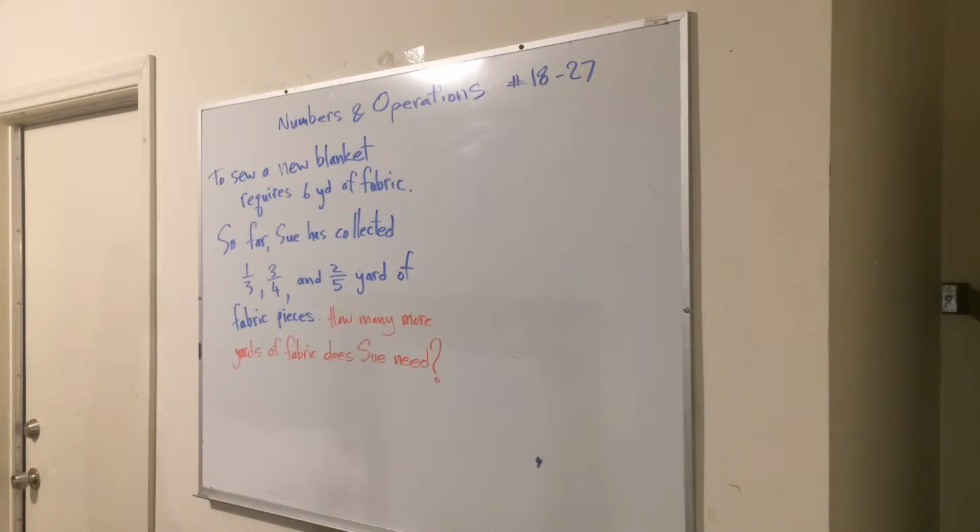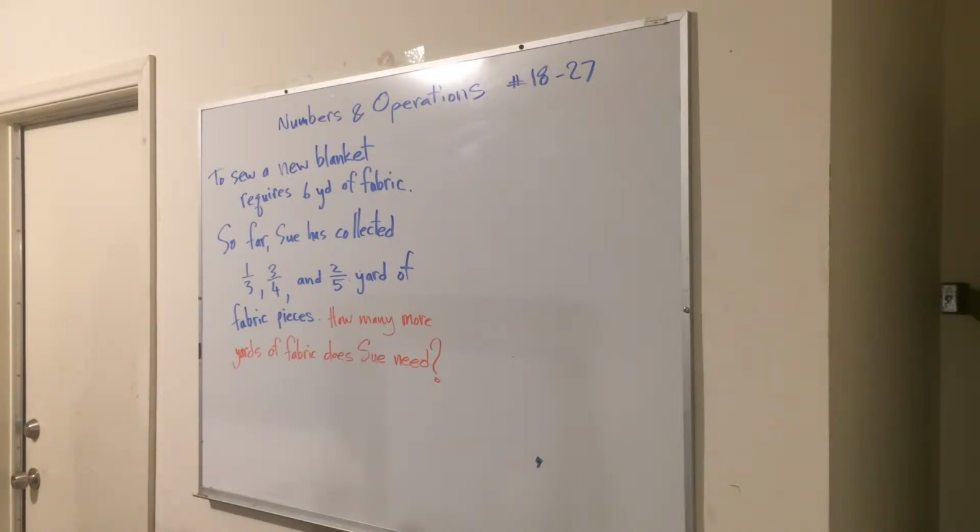Sometimes when you are faced with a word problem, if you reread the question, it helps make things more clear. So that's what I'm going to do next. It says to sew a new blanket requires 6 yards of fabric. So far, Sue has collected 1/3, 3/4, and 2/5 yard of fabric pieces.